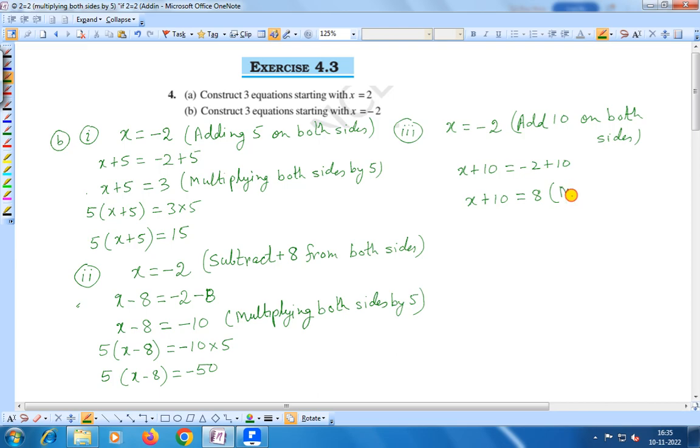Multiplying both sides by 5, and what you are getting, 5 into x plus 10 is equal to 8 into 5. That is 5 into x plus 10 is equal to 40. Therefore, we have constructed 3 equations for A and 3 equations for B.